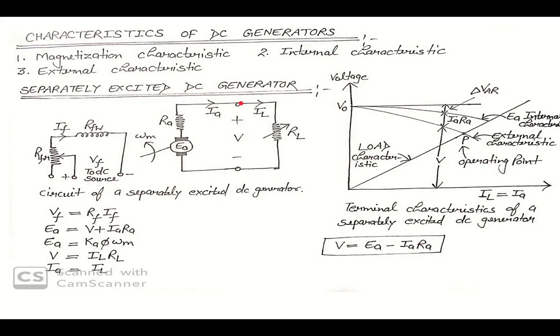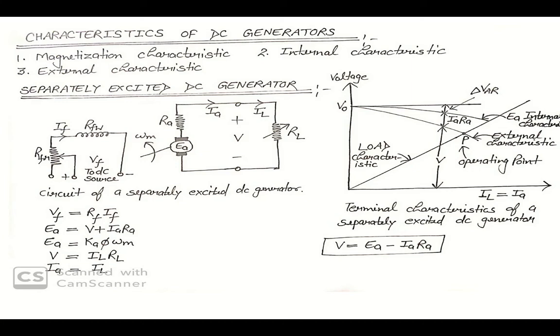First is the magnetization characteristic. The magnetization characteristic gives the variation of generated voltage, or no load voltage, with field current at a constant speed.